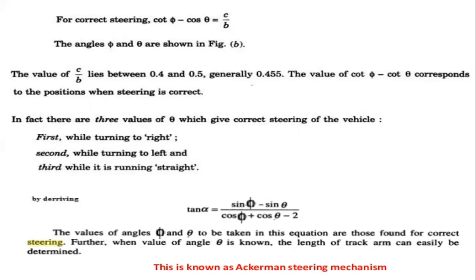By deriving for the three positions, tan alpha is equal to sin phi minus sin theta divided by cos phi plus cos theta minus 2. So this is the consideration of these three values for correct steering of a vehicle.